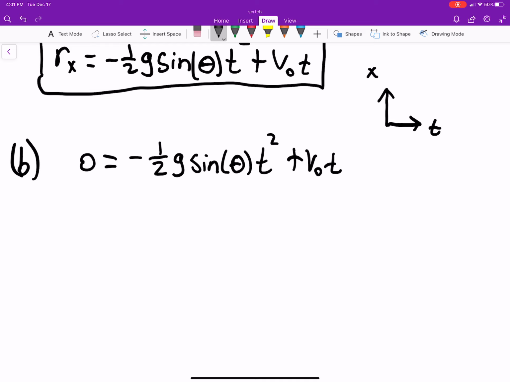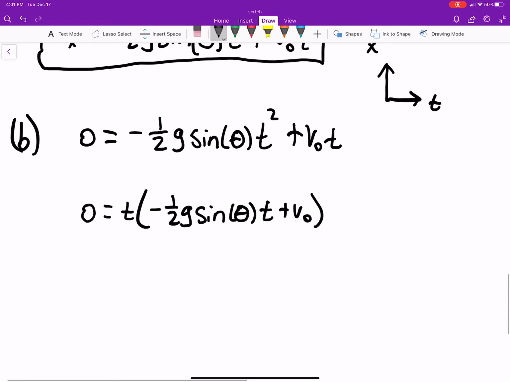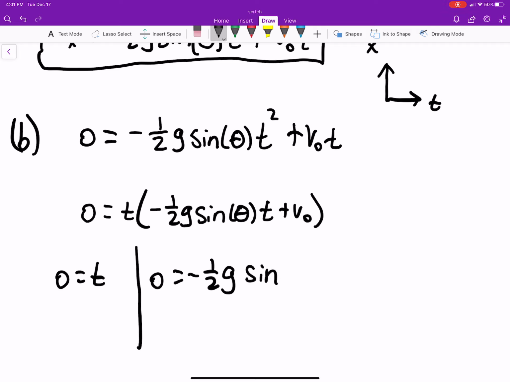So the way we can solve this one, we can just factor out a t. You're left with minus 1/2 g sine theta t plus v naught. So now we can use a zero product property. Either 0 equals t or 0 equals minus 1/2 g sine theta t plus v naught.